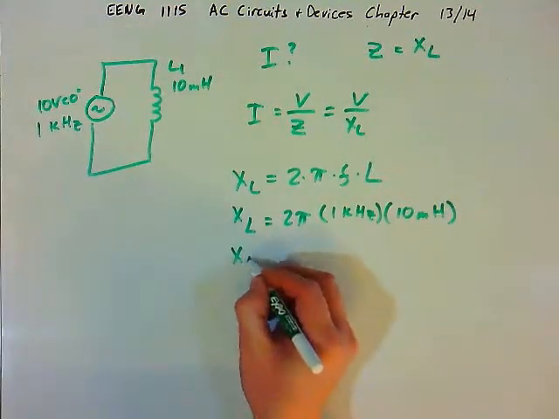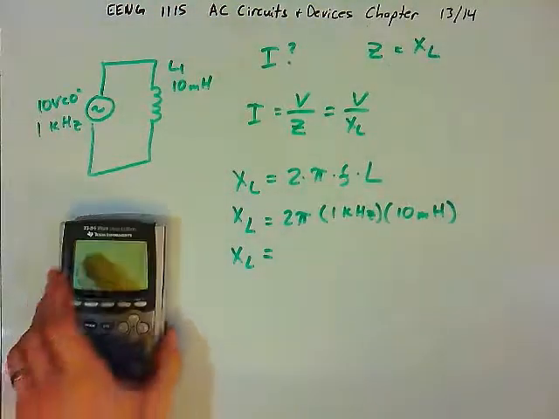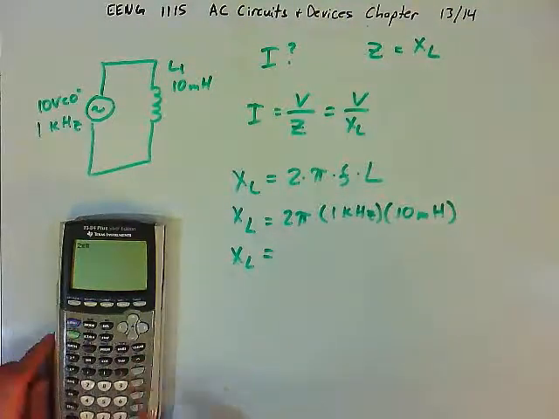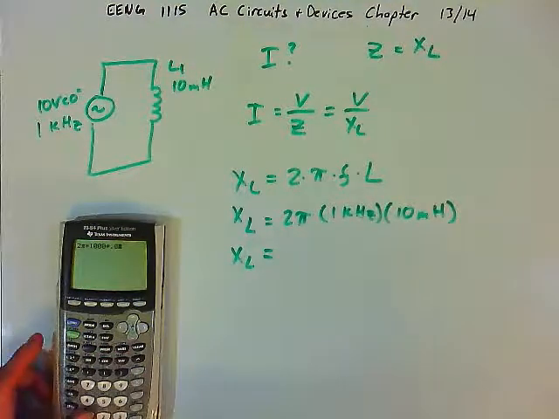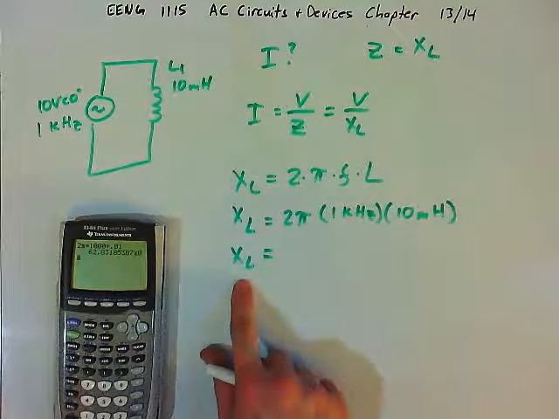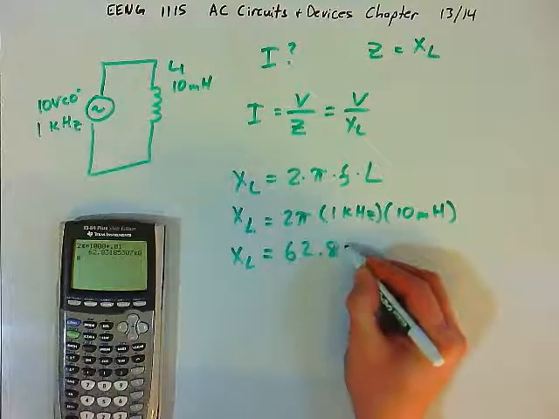And so when we multiply this out, we will get the value of the inductive reactance. We have 2 times pi times 1 kilohertz, which is 1,000, times 10 millihenries, which is 0.01. And we are going to get an inductive reactance of 62.832.